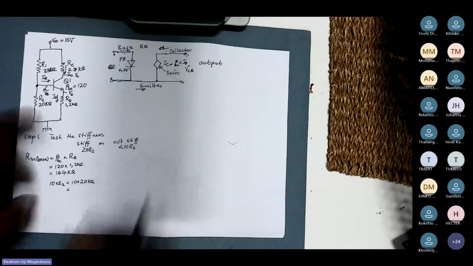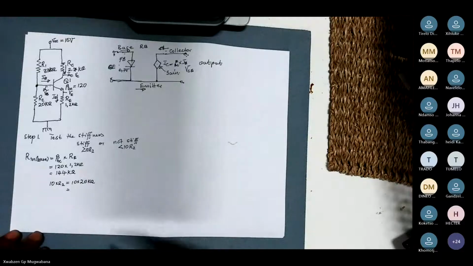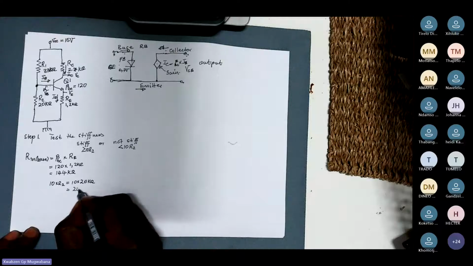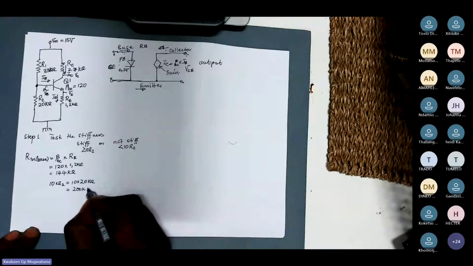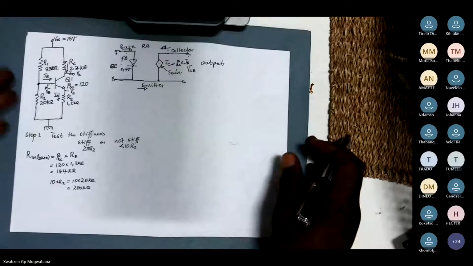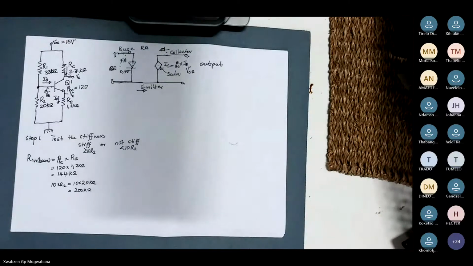What is 10 times 20 kilo ohms? 200 kilo ohms. Can I have someone to second that? Correct. Good.